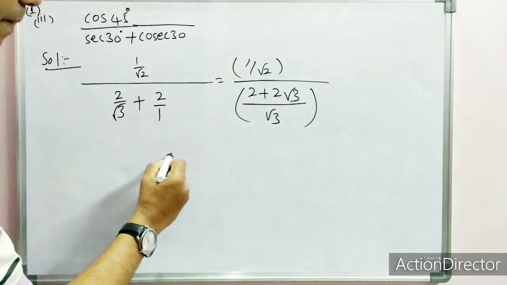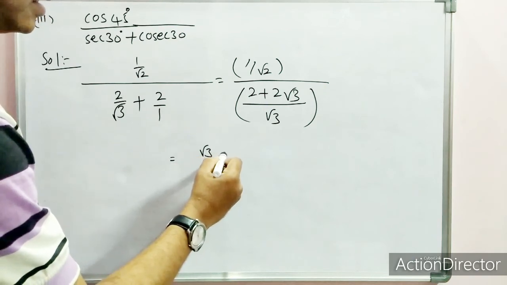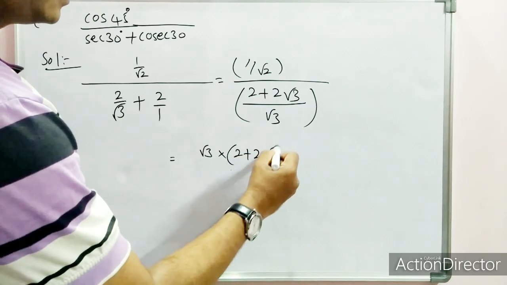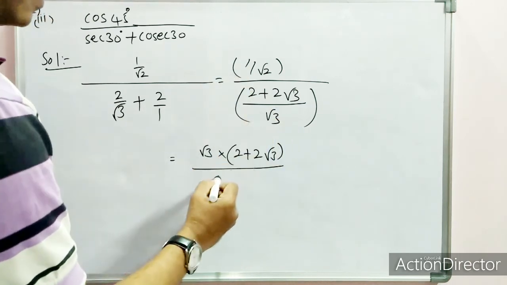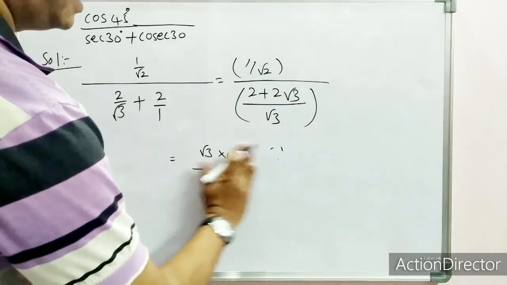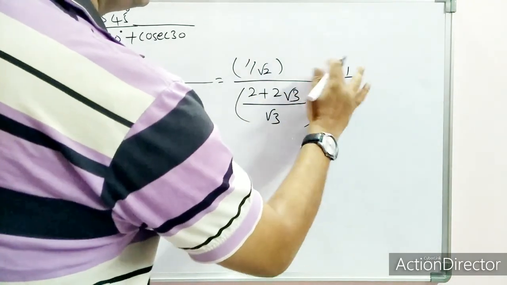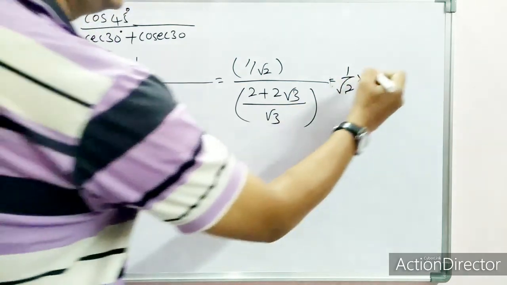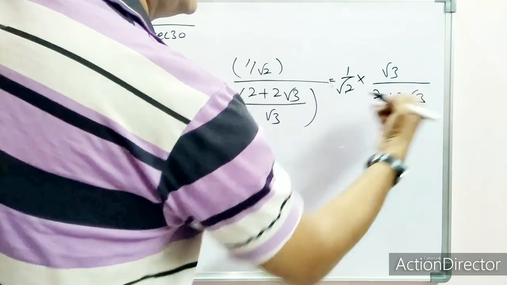It will become root 3 into 2 plus 2 root 3 in the denominator, that is the reciprocal of this one. So it is 1 by root 2 already, into root 3 by 2 plus 2 root 3.